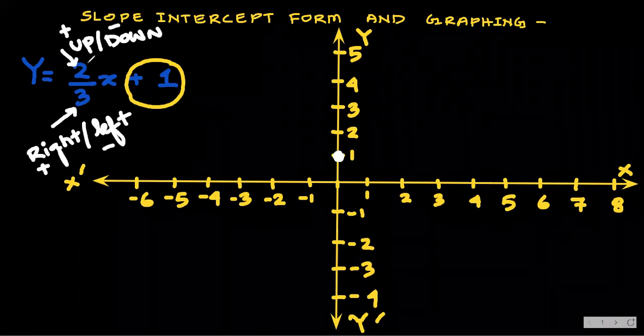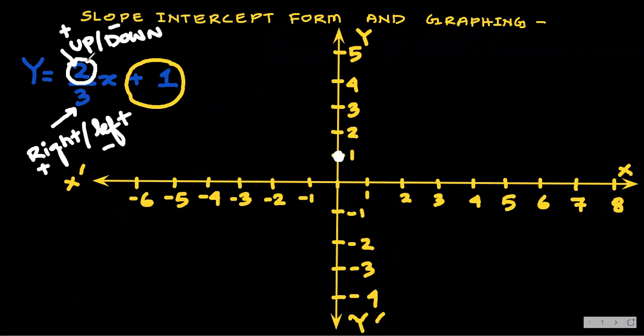Now we can see the numerator 2, which denotes we need to move upward or downward. That's a positive number, positive 2. Positive 2 means from this point, the y-intercept, we should go 2 units upward. So 1, 2 units upward. Now I'm here. From this, go to the denominator. The denominator is 3, a positive number, so we should go 3 units to the right because it's plus 3.